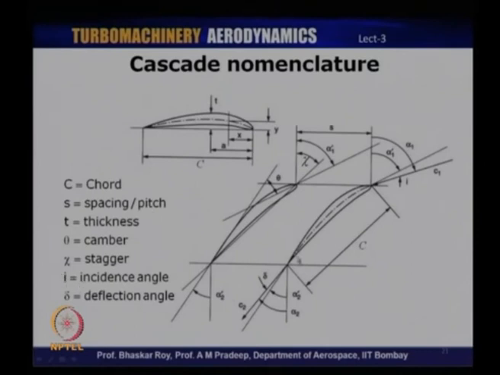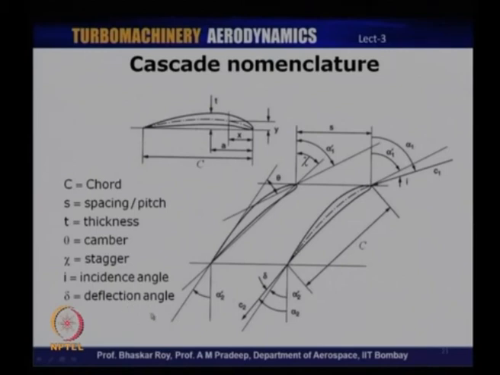Incidence angle I denotes the angle between the incoming velocity, which is shown here as C1, and the blade angle at the leading edge. So, the angle between the blade and the velocity vector is known as the incidence angle. So, the difference between these two gives us the incidence angle.